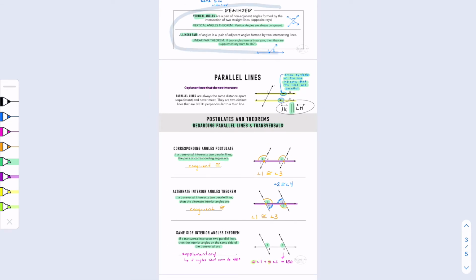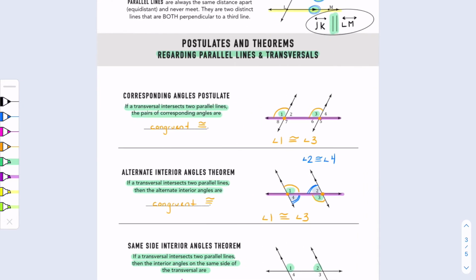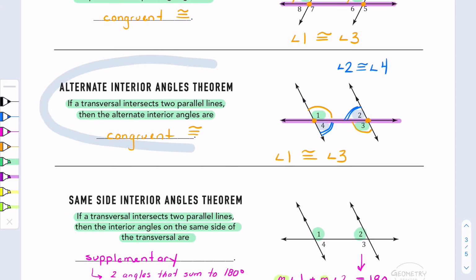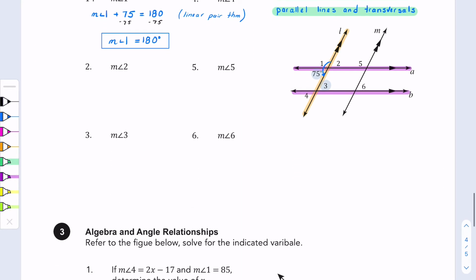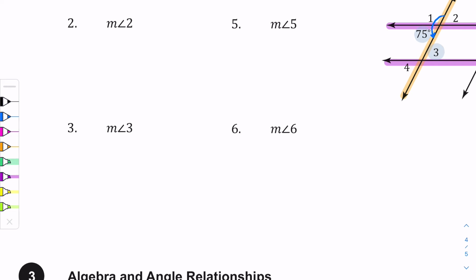So if I scroll all the way out, we have all of these to choose from. Alternate interior angles does have a theorem. It's right here. It tells you that alternate interior angles are congruent. And that's what I'm going to use to solve for the measure of angle 3. I know that the measure of angle 3 is equal to 75 degrees, and I'll just make my note right below it: alternate interior angles theorem.